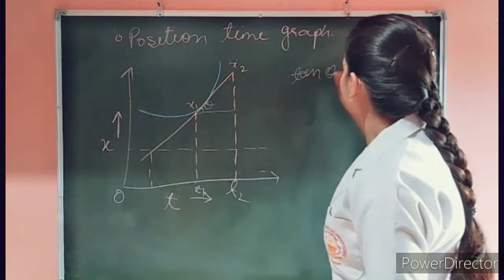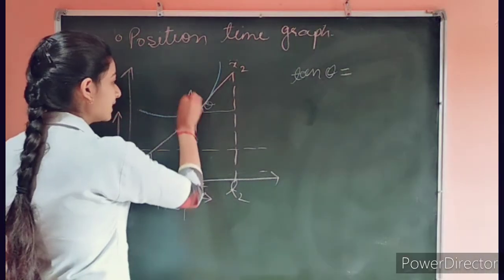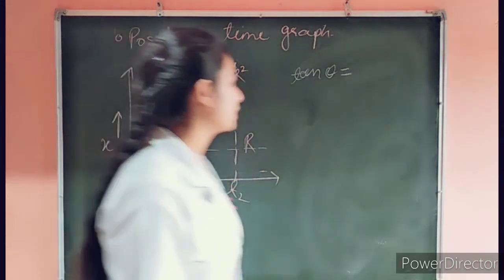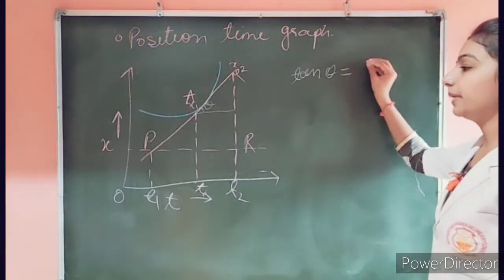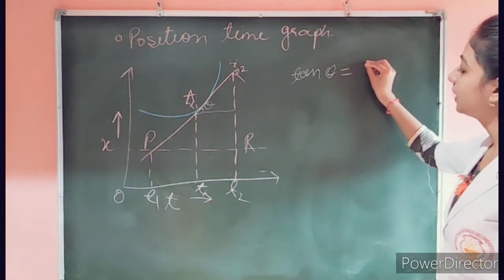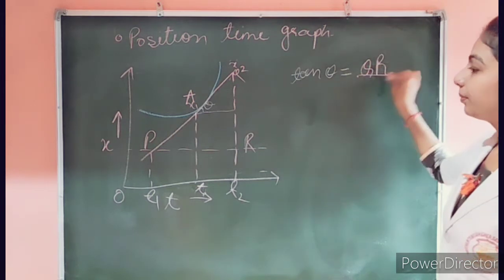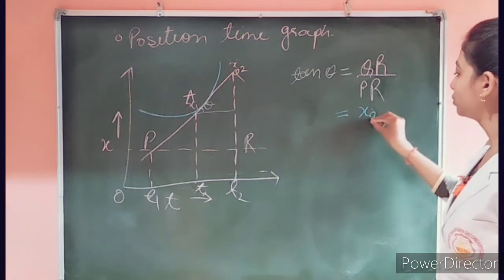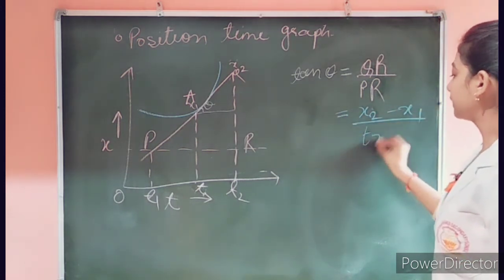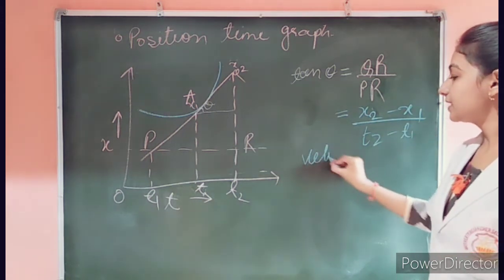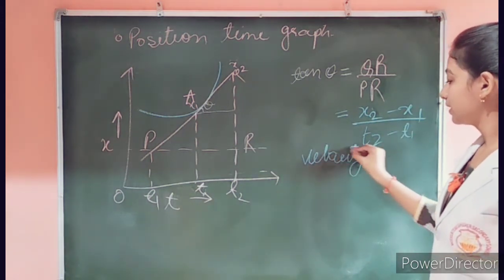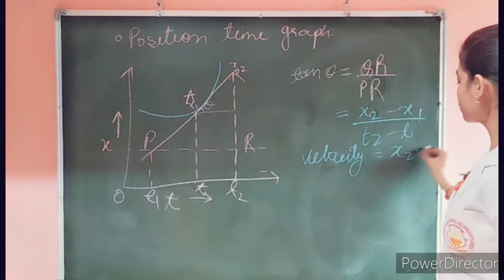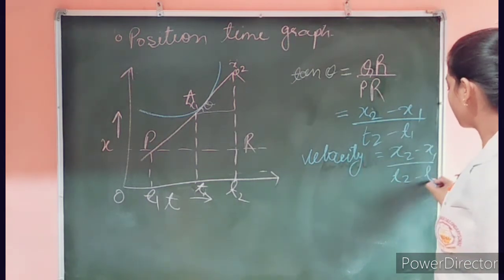Taking A, P, Q and R, tan theta is perpendicular upon base, QR upon PR, that is x2 minus x1 upon t2 minus t1, and velocity is also the change in position upon change in time, x2 minus x1 upon t2 minus t1.